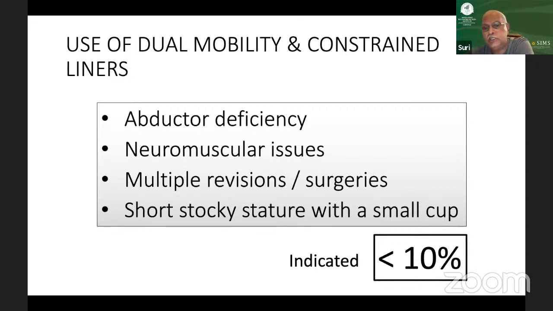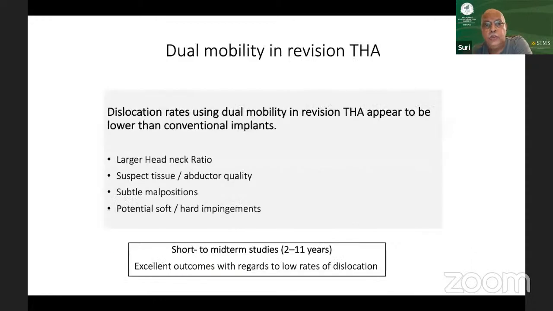Very short, stocky stature, coxa vara, sometimes with a small socket, may be a consideration. But overall, the indications are probably less than 10%, or maybe if you stretch it, around 10%. But there are concerns that still exist, as we discussed before, and we should be careful about how we nuance the use of dual mobility.